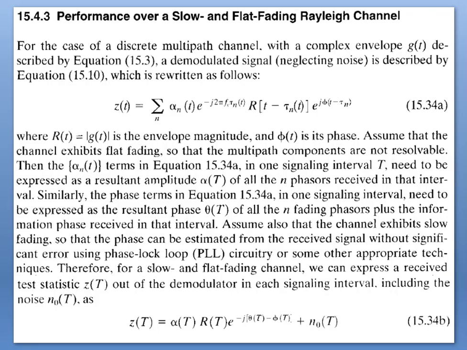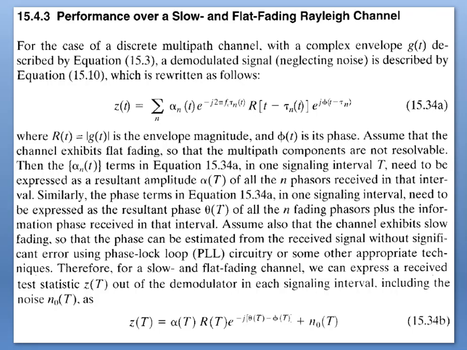Some other approximation techniques are needed for slow and flat fading channels with the received signal statistic z of t. The demodulated signal in the signaling interval, including the noise n of t, z of t, is expressed in 15.34.